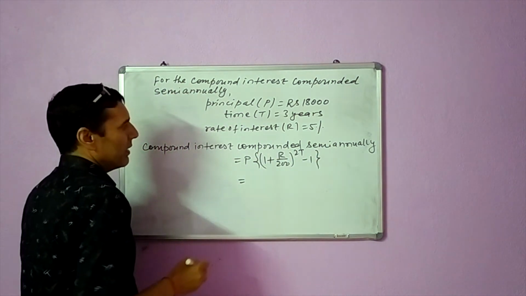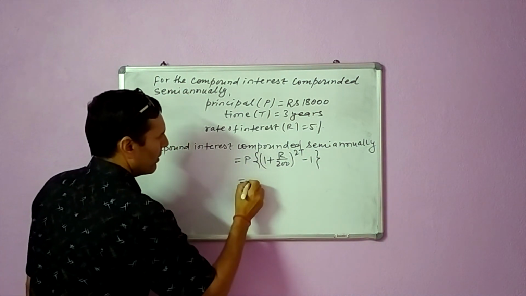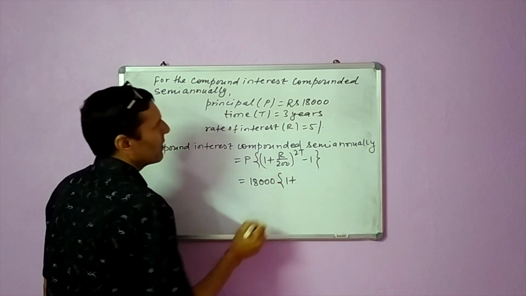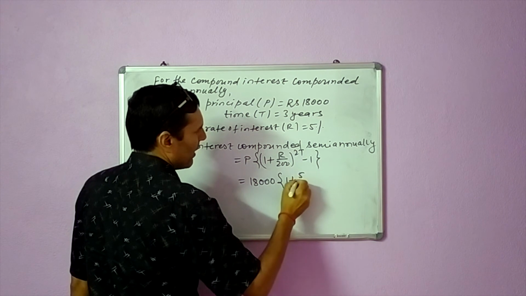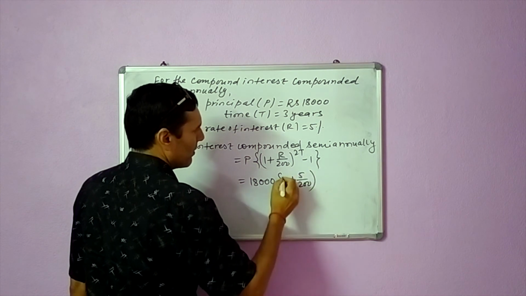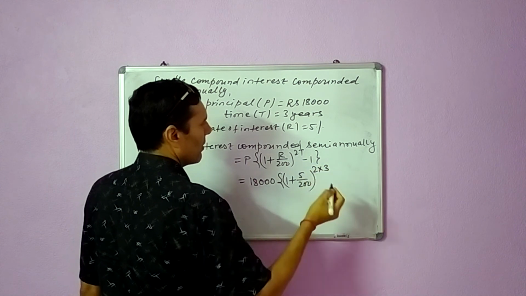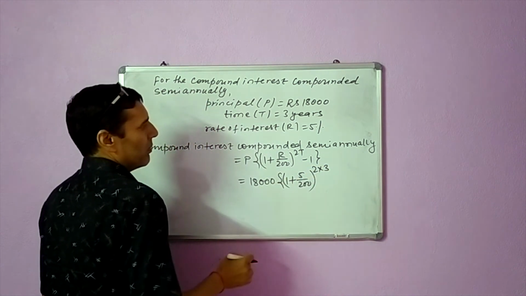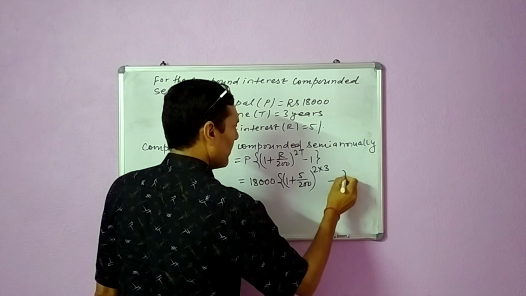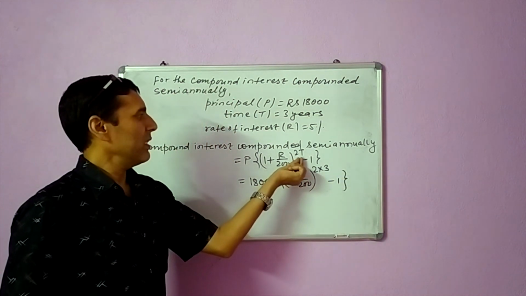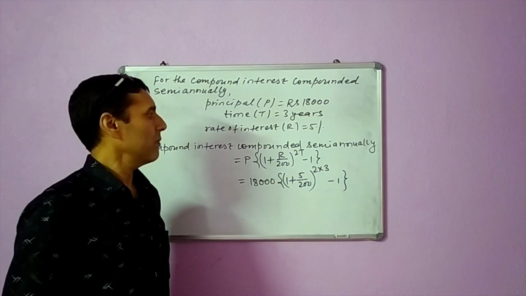Now putting the values here, P is rupees 18,000, R is 5%, 5 upon 200, to the power 2 into 3, minus 1. The time is given 3 years, but we have 2t in the power, so 2 into 3.